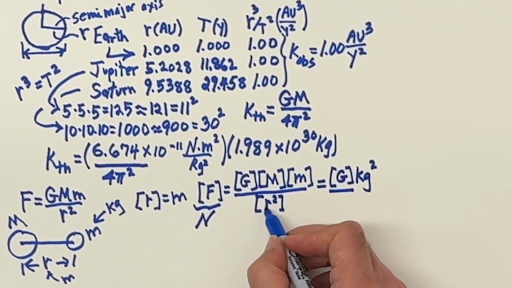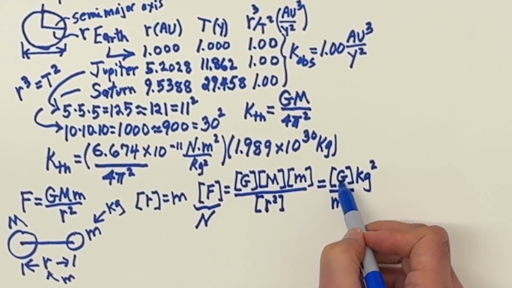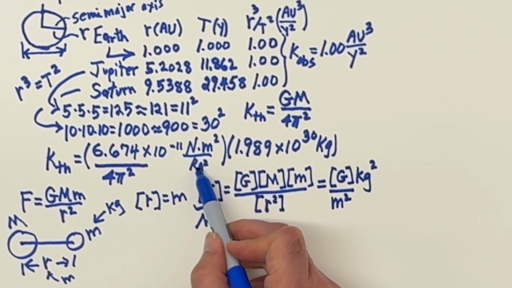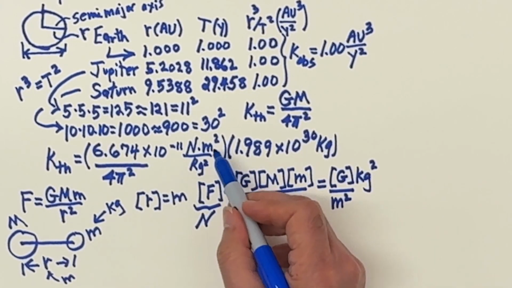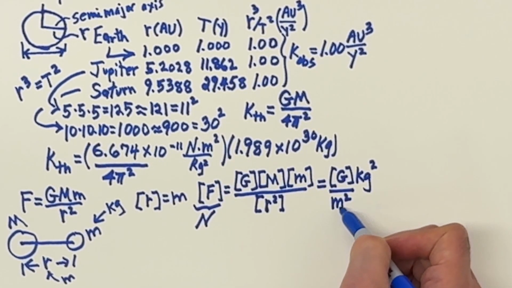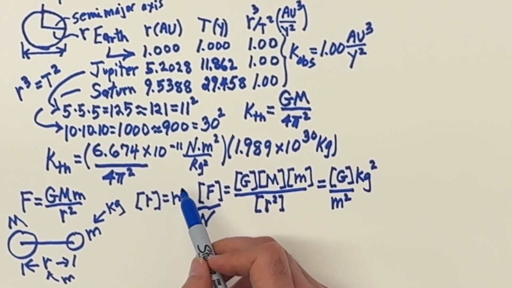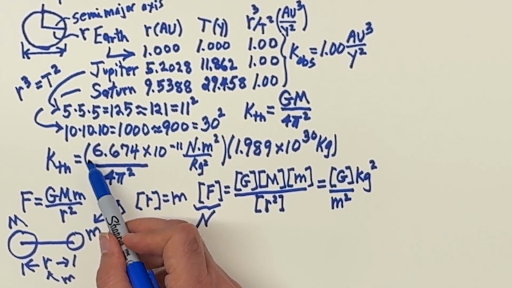And then r squared is going to give meters squared. So you see the G has to be newton times meter squared over kilogram squared, so that the kilogram squared cancels, the meter squared cancels since the meter's in the denominator, and you're going to get newtons remaining. So that checks out.